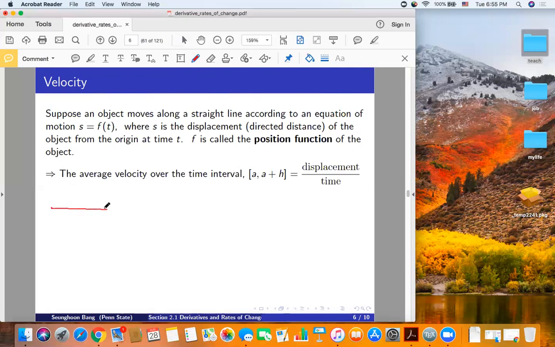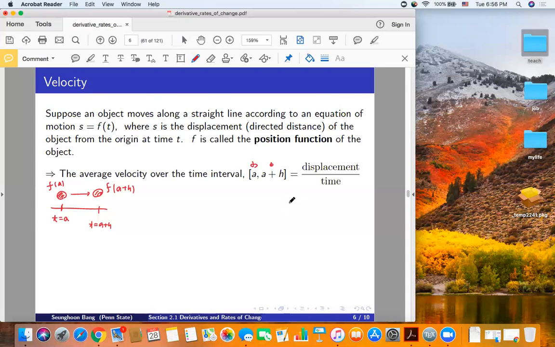Here, we have the time interval a to a plus h. So here, time t equals a. This object is here, and time t is increasing from a to a plus h. Here, time t equals a plus h. The object is here, so it moves like this. What's this position? This position is f of a. This position is f of a plus h.